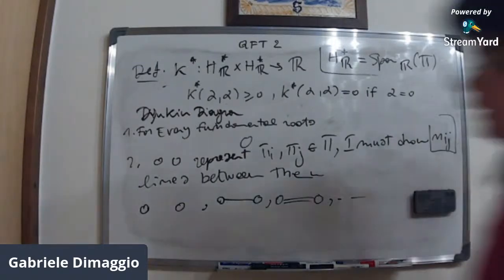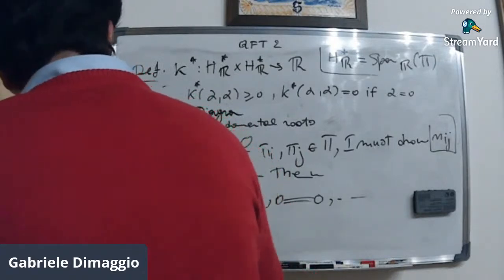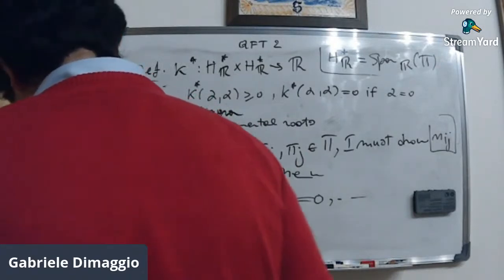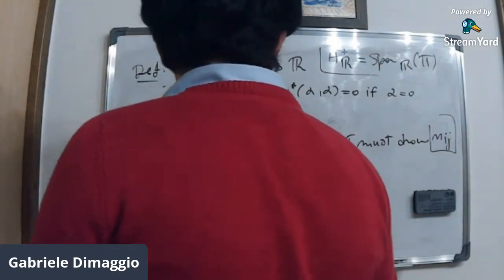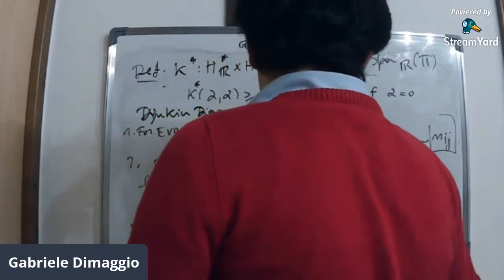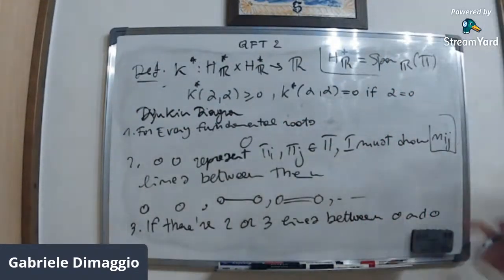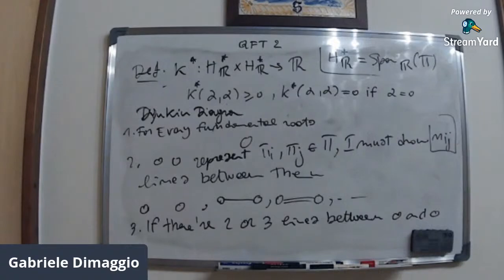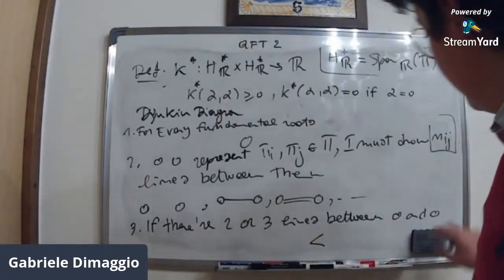Now, if there are 2 or 3 lines between 2 circles, we have seen this symbol here.